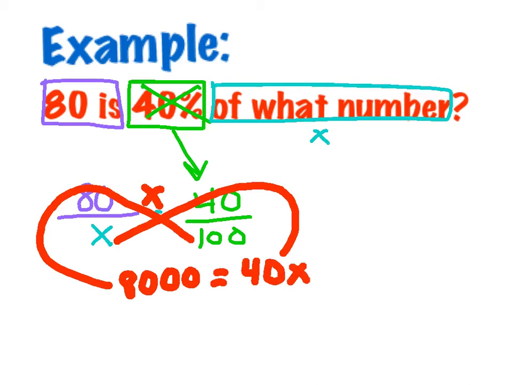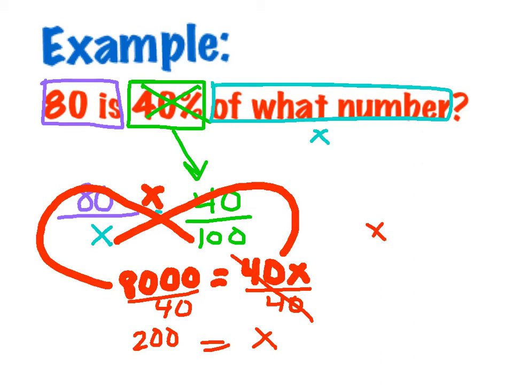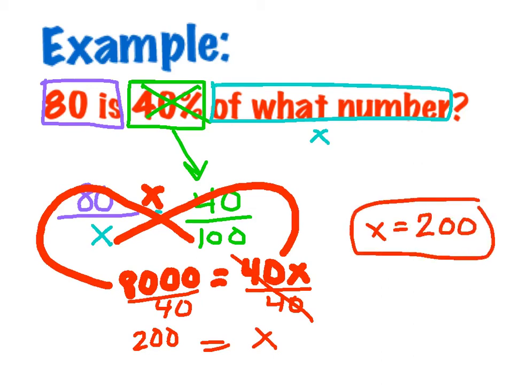So in order to solve this, I'm going to divide both sides by 40, which will leave the x by itself. The 40s will cancel out, or simplify out. On the other side, I'm going to end up with x will equal 200. So that's going to be my solution. X will equal 200.